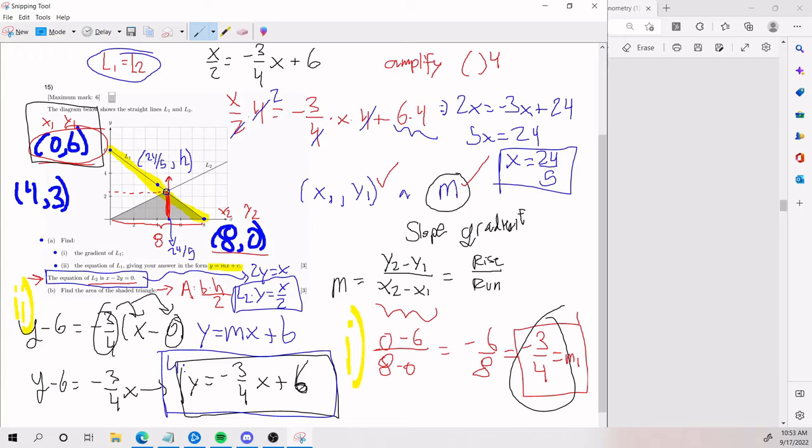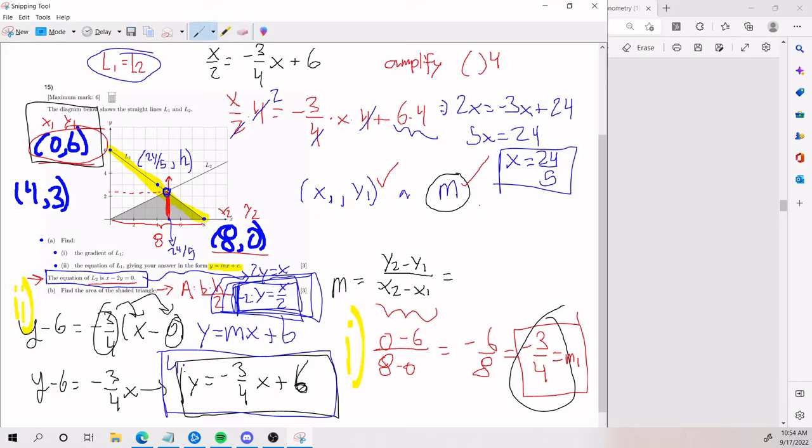Well, I plug this in to one of my lines. I can plug it into L1 or L2 because both lines have that point. See? I think it's a little bit easier to plug into L2 just because, I mean, look at it. See? It's easier to deal with. So, plugging in to L2, once again, making a little bit of space.